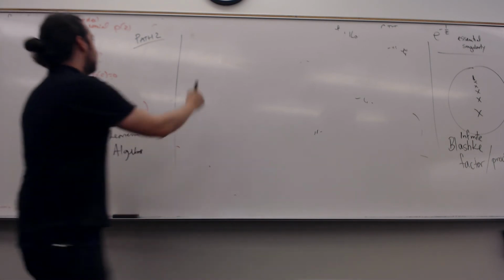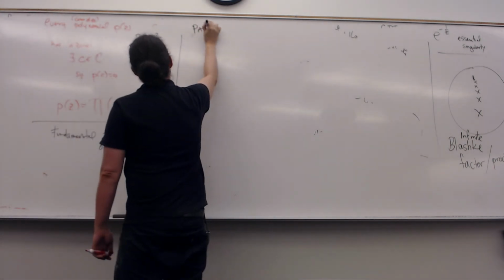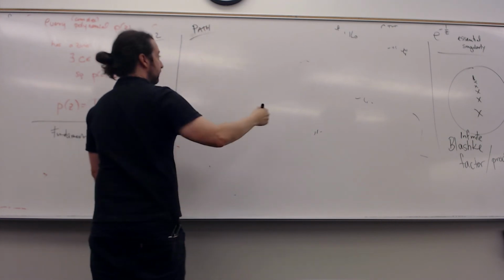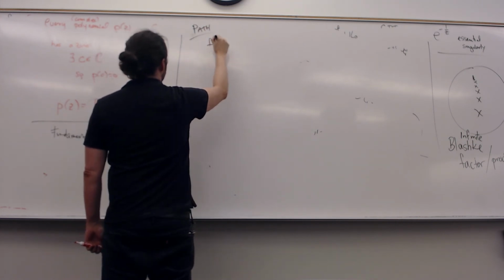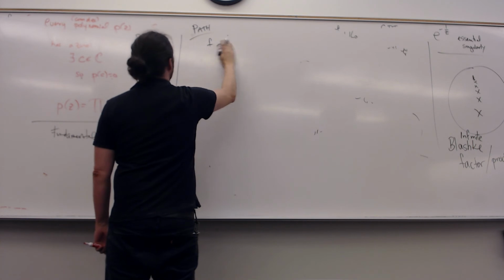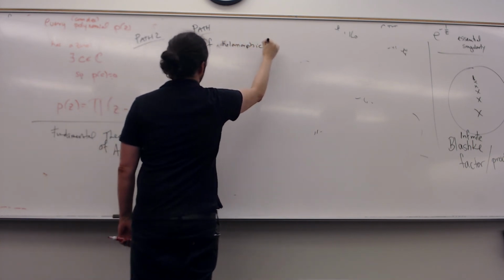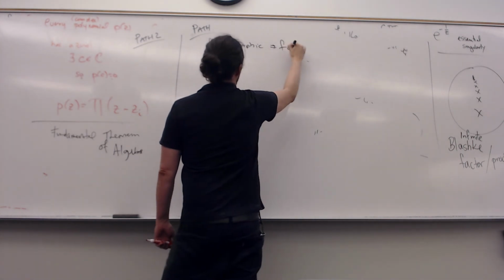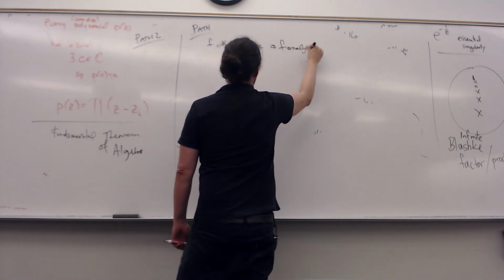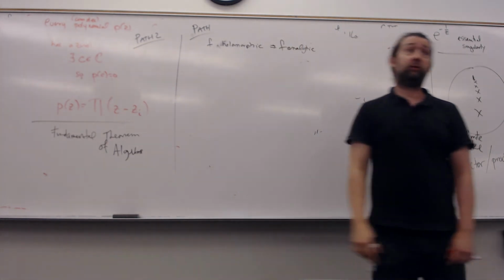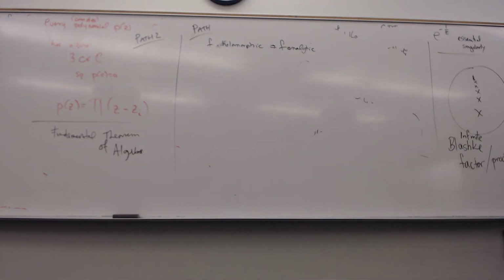The first path is we're going to say that f holomorphic implies f analytic. And that is a quite shocking result, that with no additional conditions, being differentiable once means you have a convergent power series with an absolutely well-defined maximal radius of convergence, depending on what center you choose.